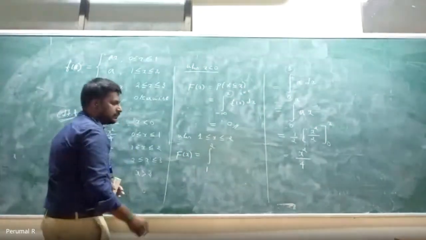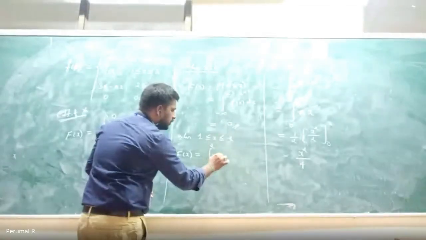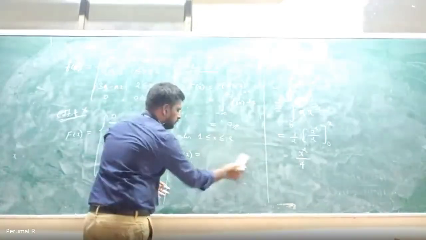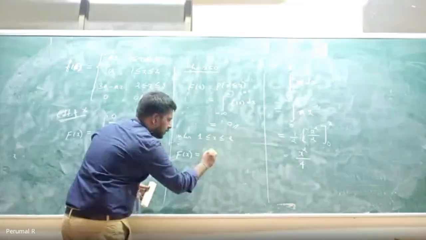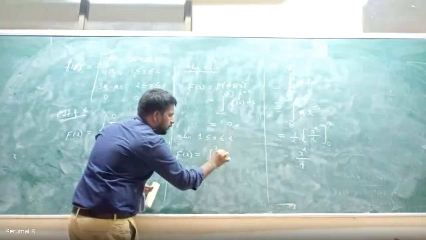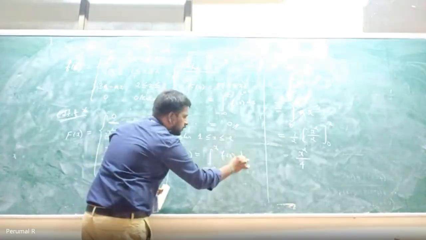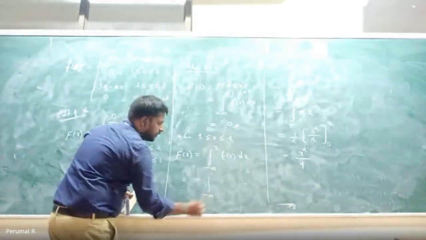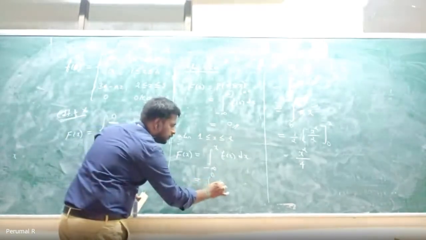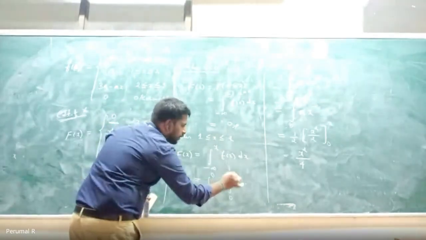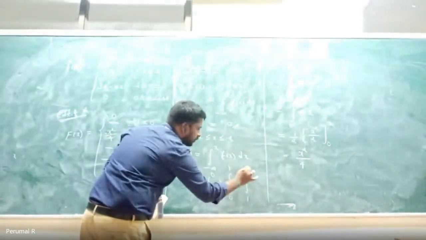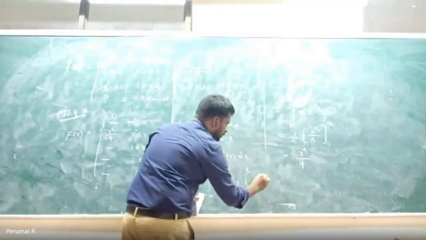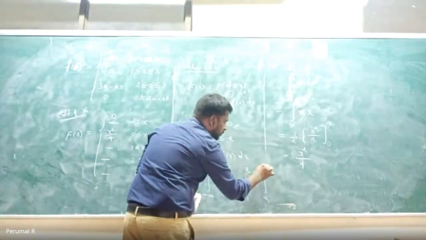So minus infinity to X of f of x dx, you can split up as minus infinity to 0, 0 to 1, then 1 to 2, and 2 to infinity.